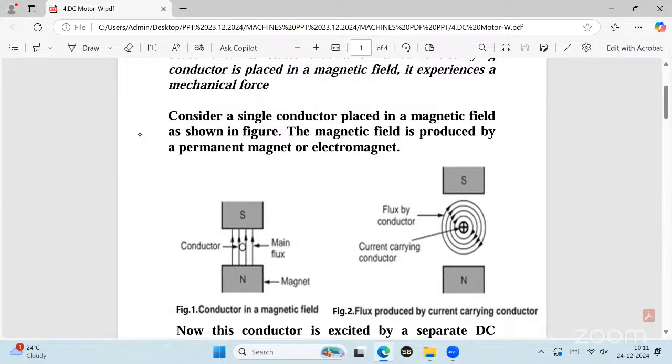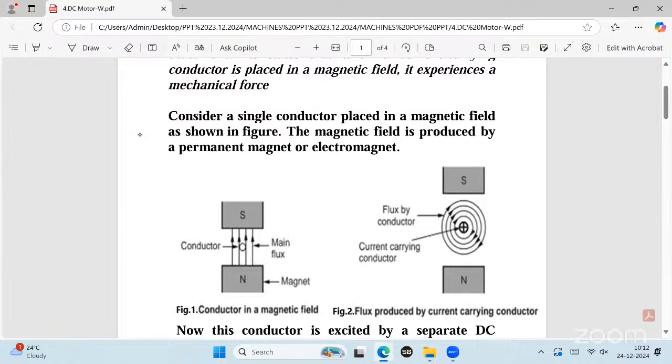Electromagnet means we make it: take a steel bar, wind a wire, give a supply so current flows through the copper winding, and after a few seconds the steel bar becomes a magnet, called an electromagnet. Practically, we use electromagnets. I told you, never use natural magnets. So this north pole, south pole is an electromagnet.